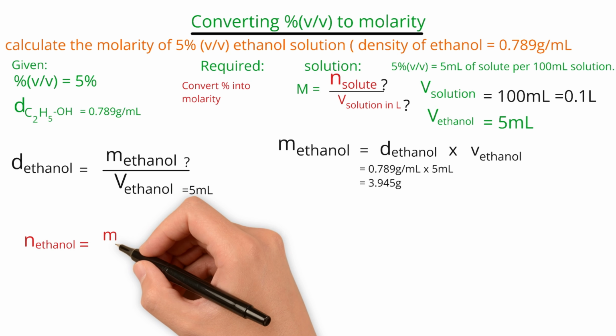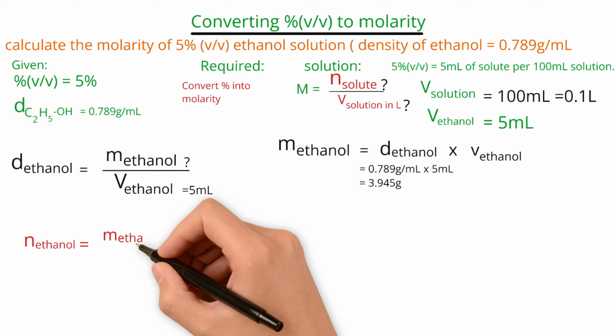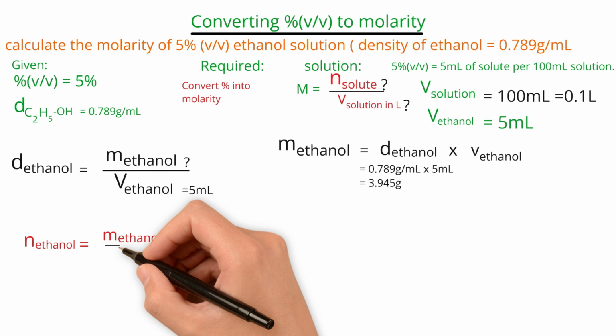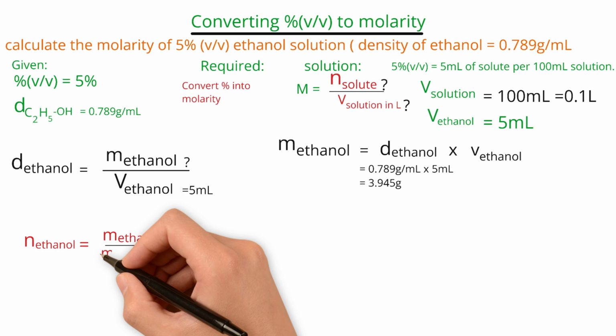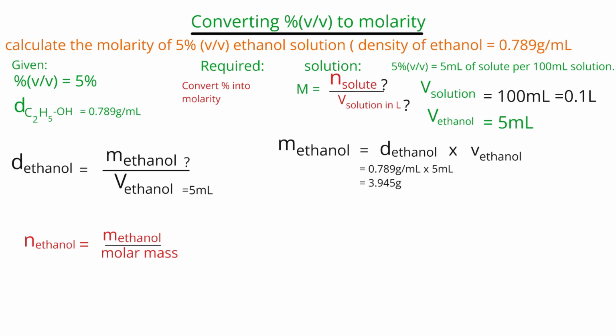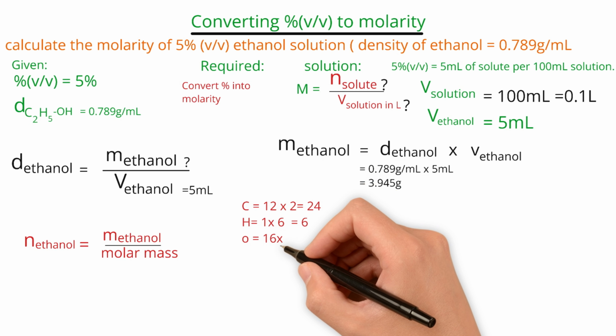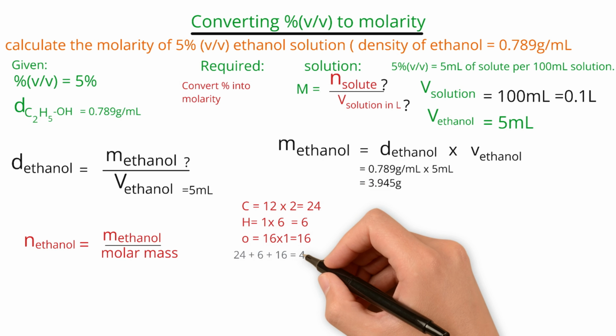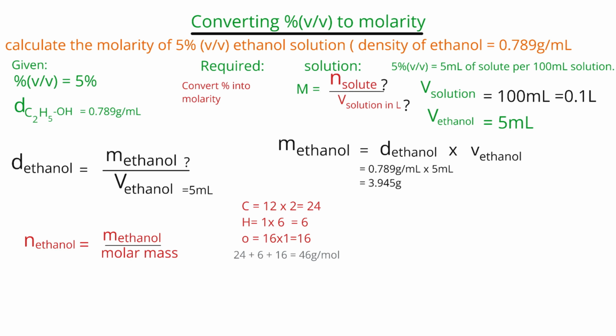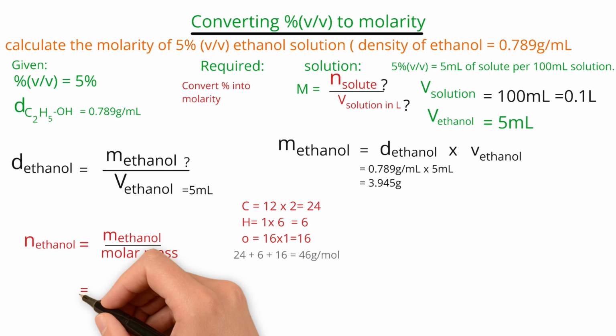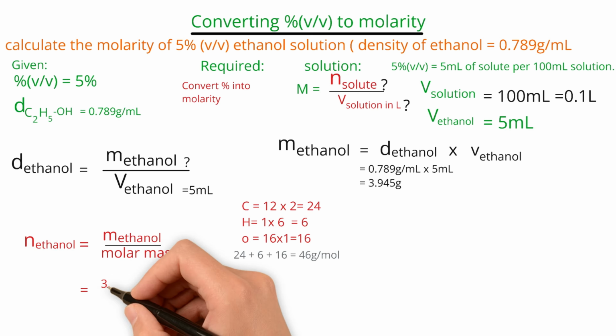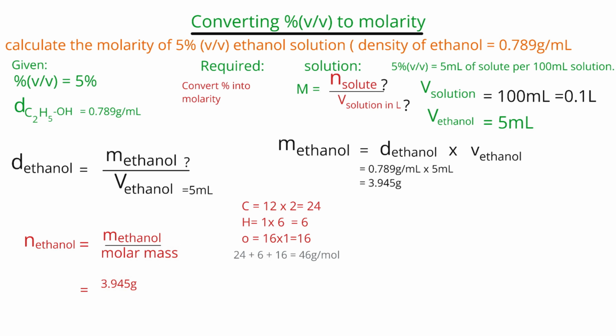Now, time to calculate moles of ethanol. Moles of ethanol is equal to mass of ethanol upon molar mass of ethanol. Molar mass of ethanol is equal to carbon 12 into 2, which is equal to 24, hydrogen 1 into 6, which is equal to 6, oxygen 16 into 1, which is equal to 16, finally 24 plus 6 plus 16, which is equal to 46 gram.